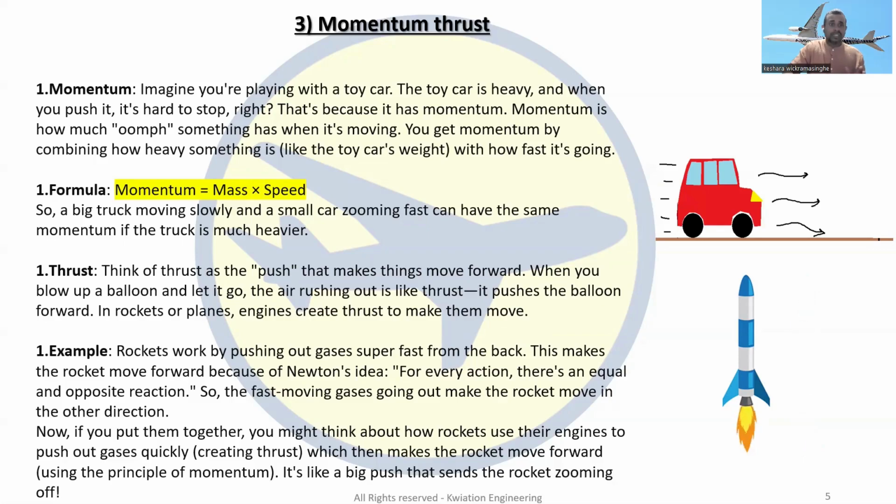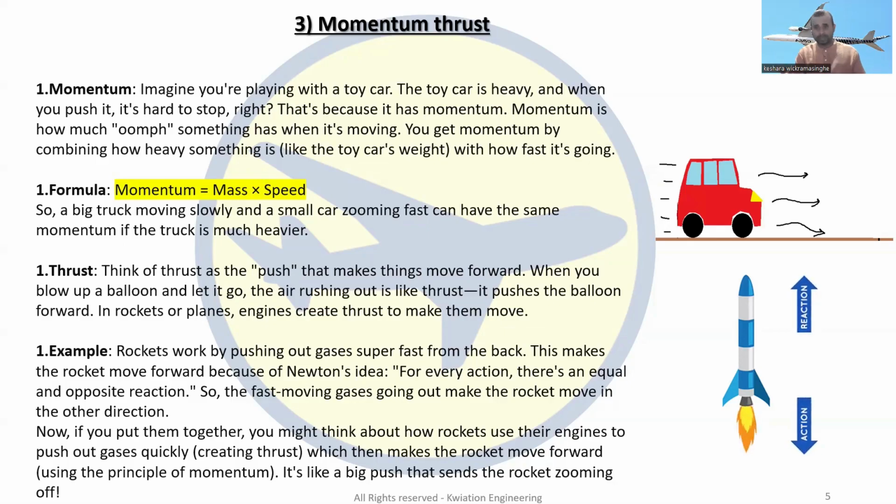Think of thrust as the push. Thrust is a push that makes things move forward. For example, if you blow up a balloon and let it go, the air rushing out is like a thrust. It pushes the balloon.